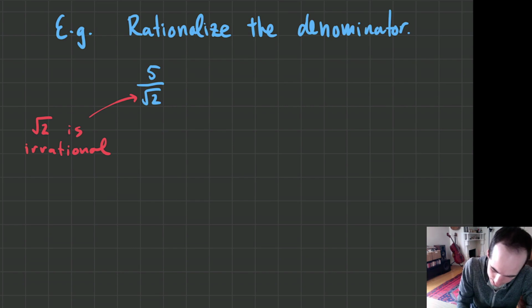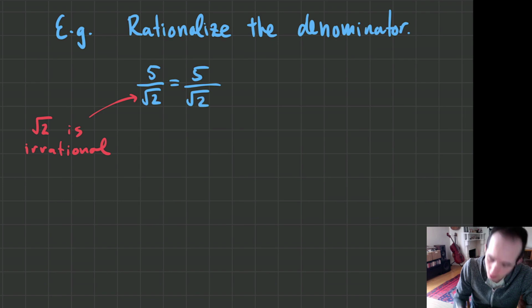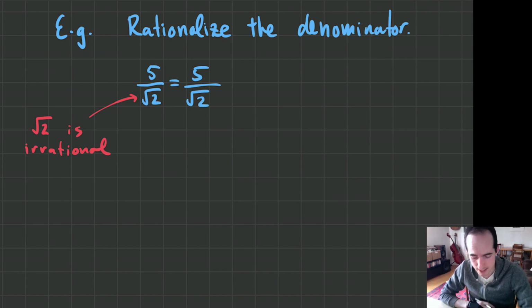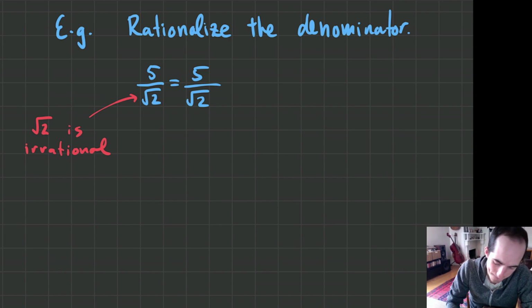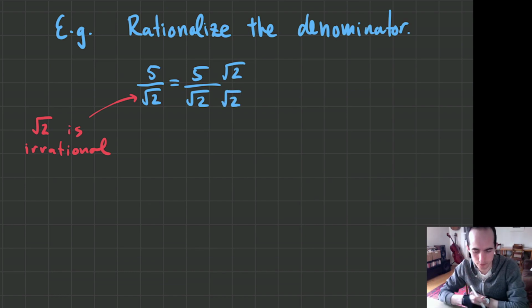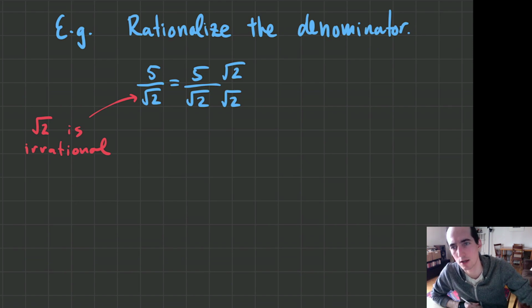So I'm going to say that these two things are equal. So 5 over root 2 is obviously equal to 5 over root 2. Now the trick, the way you do this, is to multiply the numerator and the denominator by root 2 over root 2. And I think a couple days ago there was a question very similar to this on the homework.